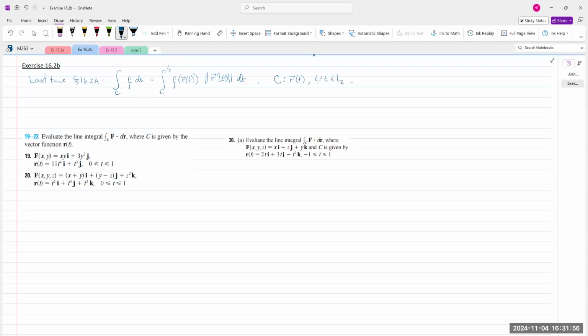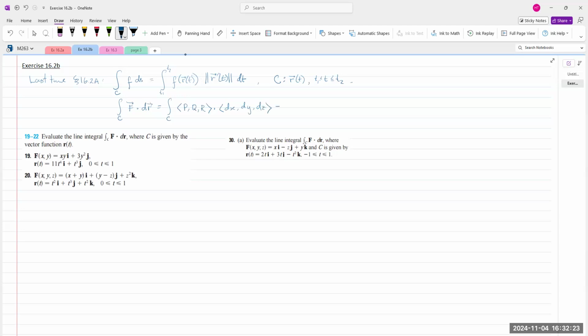Okay, we have also implicitly done some problems with f dot dr. Now, you may not realize this, but suppose our f is P, Q, R and our dr is dx, dy, dz.